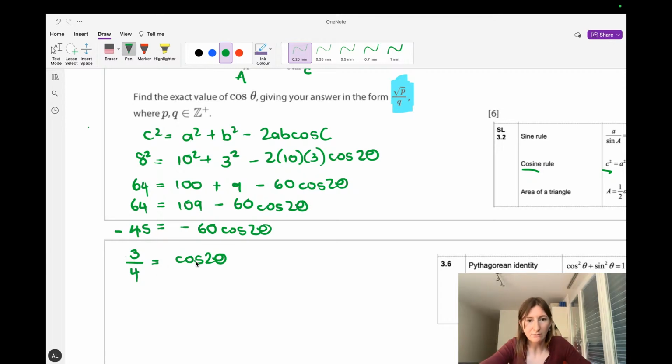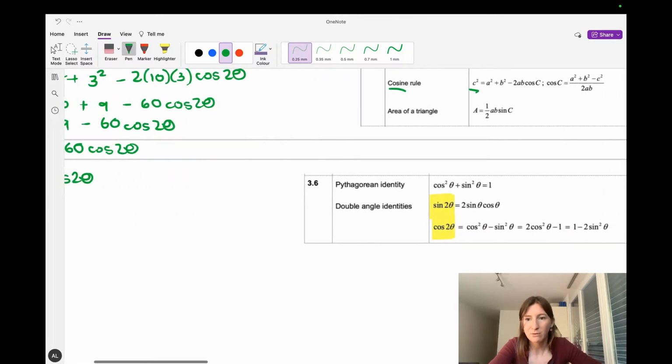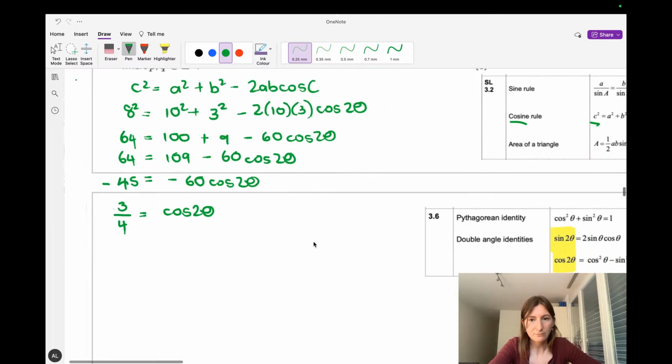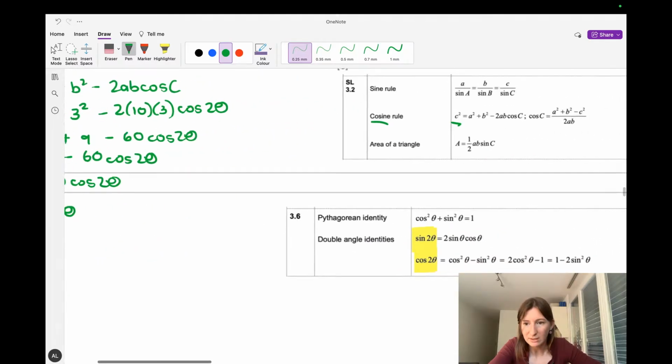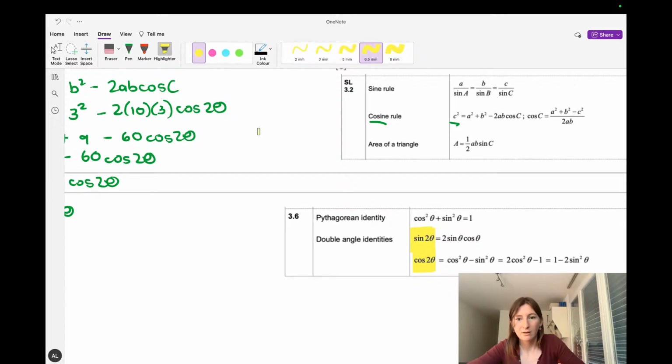So now we need one of our cos 2 theta double angle identities. Which one can we use? We want to figure out, by the way, cos theta. So we need one of these that's going to give it to us. If we pick that one, we have sine in it, so that's not going to help.